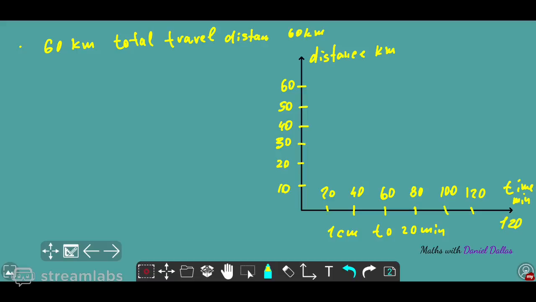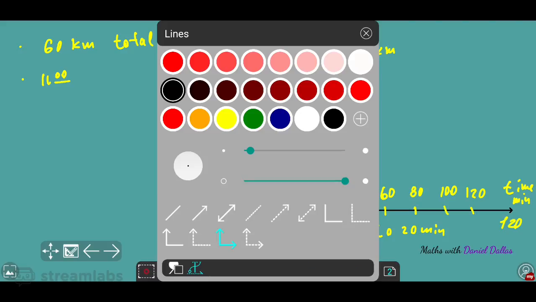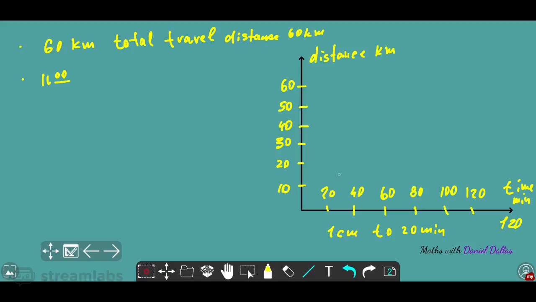Next statement. What do you know about the next statement? She left home and traveled 40 kilometers in 1 hour. So that's why you have 1 hour. And that means you can go from 0 to 60, and how many? 40 kilometers.